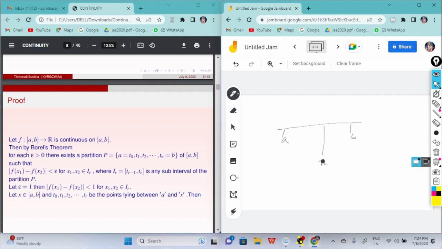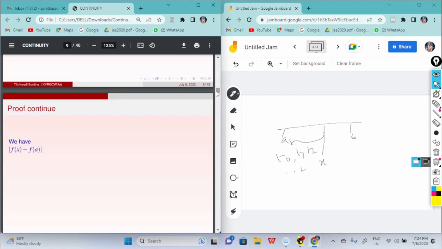Suppose this is x. So the points lying between a and x are t0, t1, t2 and so on. We have mod f(x) minus f(a). This means this f(x) minus this f(a), mod.